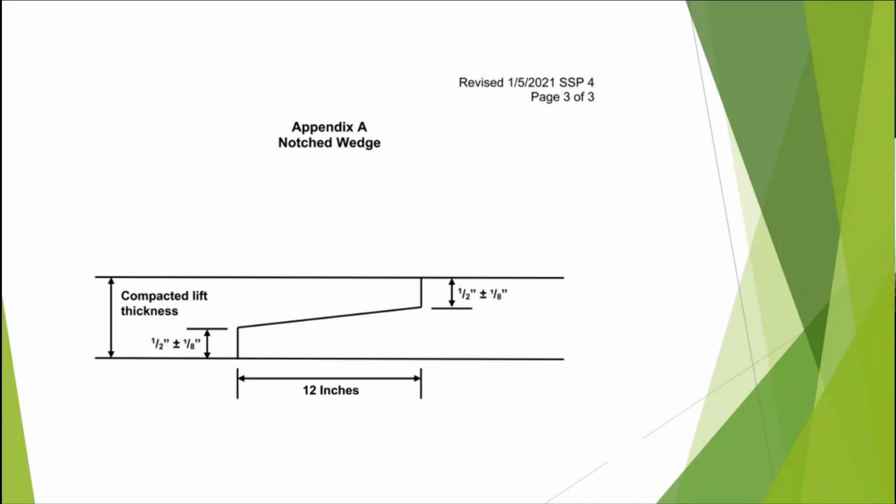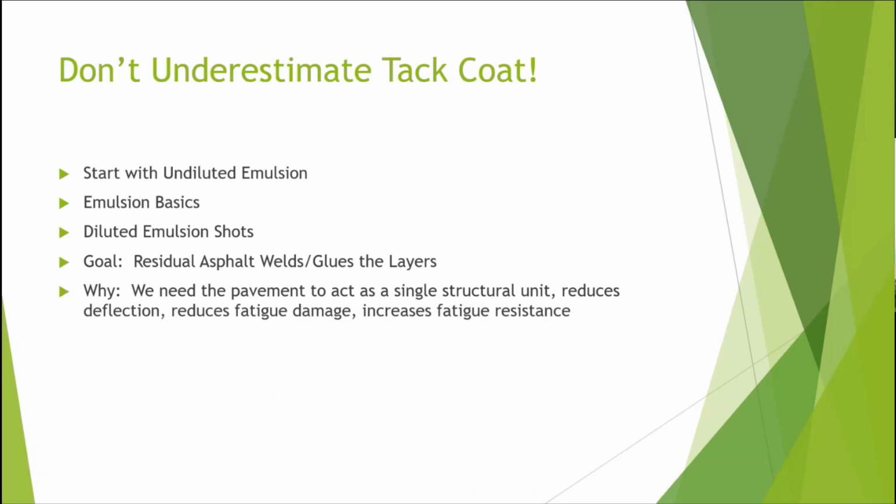But it's a much safer and, to me, better performing joint than just a vertical butt joint, because your tack is staying in place. So when you spray it and the water breaks out, you're also compacting against something.